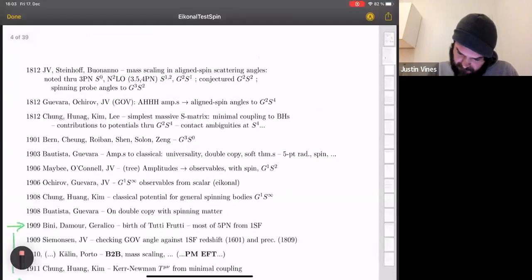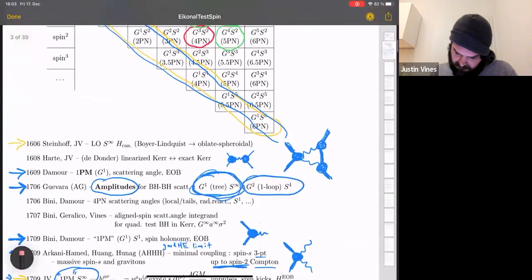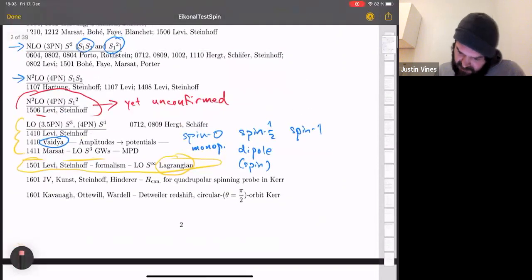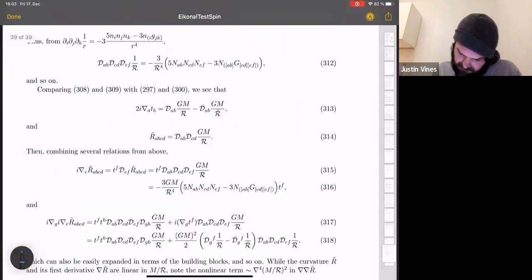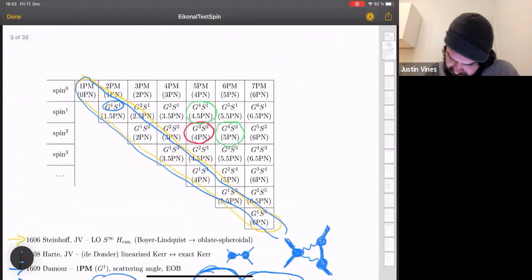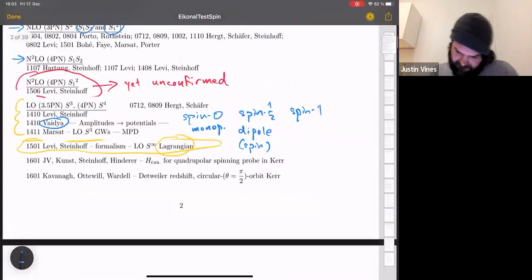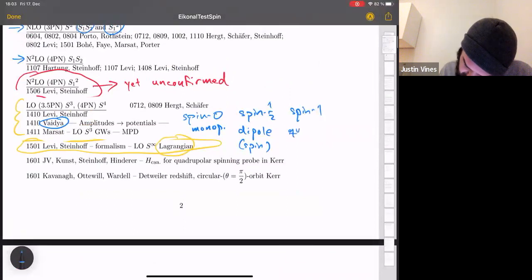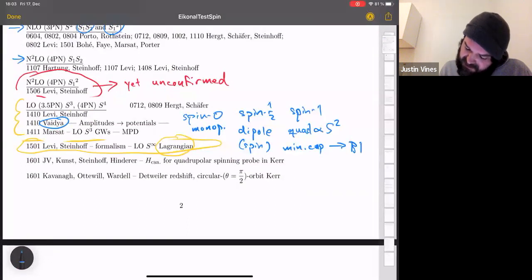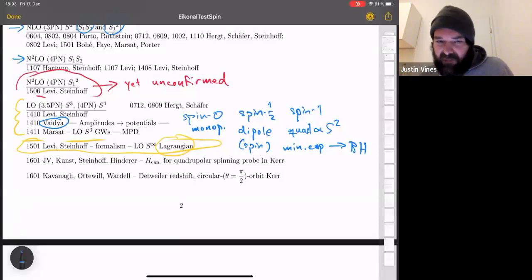Quadrupole proportional to spin squared. Specifically, if you have minimal coupling, you get the spin squared quadrupole for a black hole.